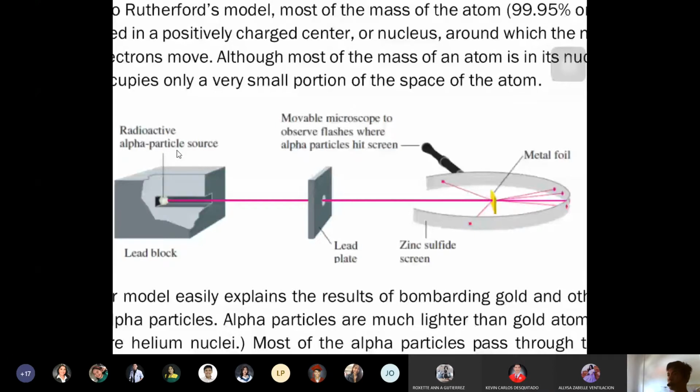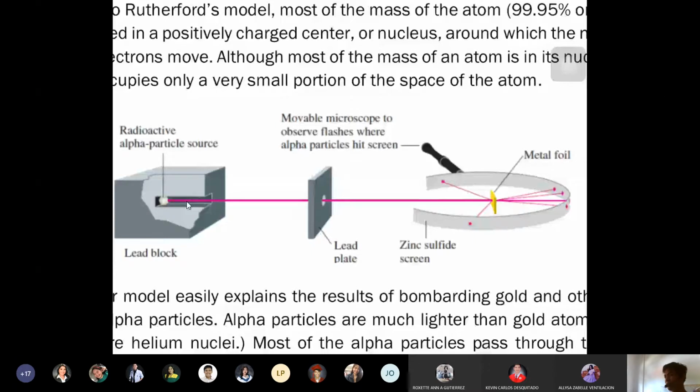In this lead block, there is a small orifice, just a tiny hole. The purpose of that hole is for the alpha particles to pass through it, so they are not scattered.